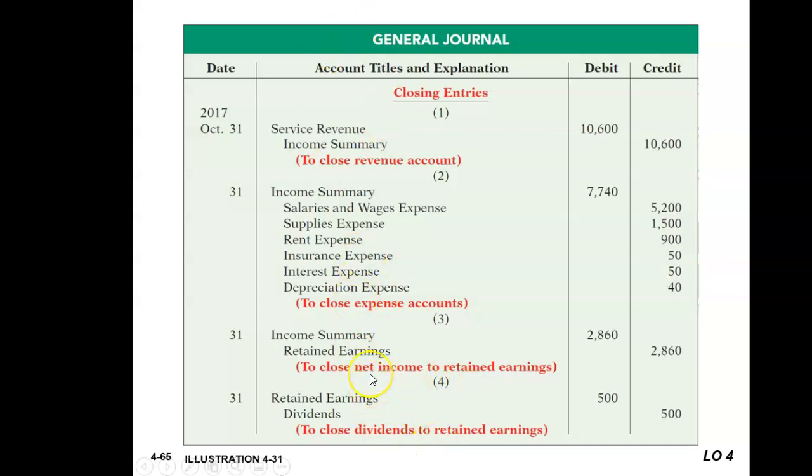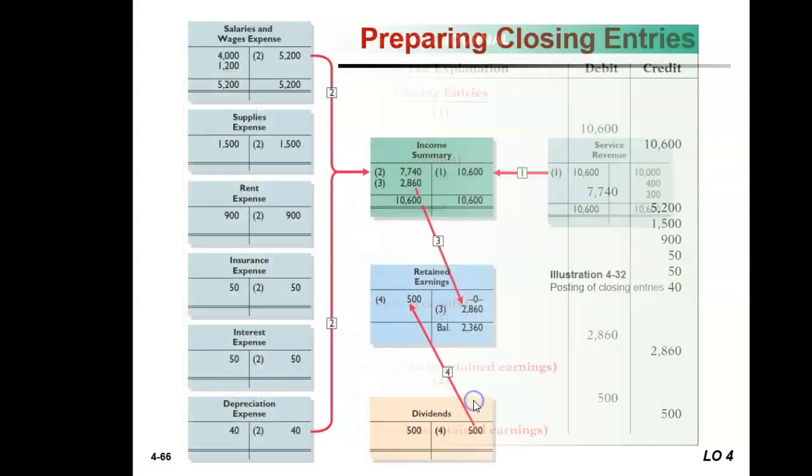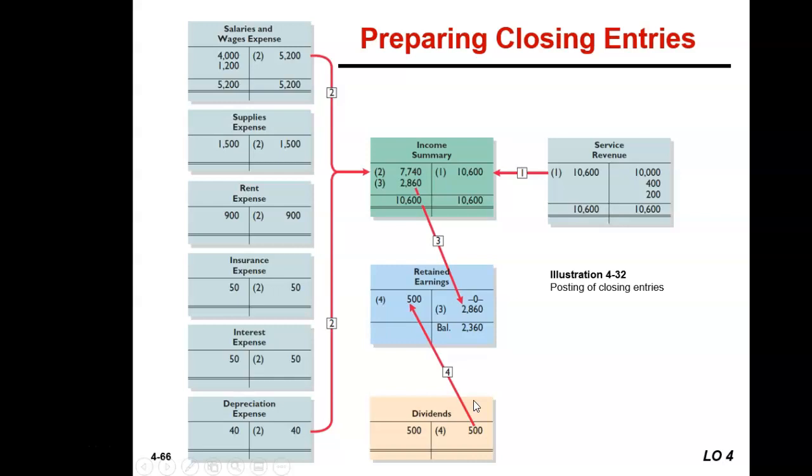At the end of these 4 steps, once you post to the ledger account, your revenue accounts, expense accounts, income summary will all have a 0 balance. Now, retained earnings account is permanent, so that account will not have a 0 balance, because when an account is permanent, it means the account balance will carry forward from one accounting period over to the next.